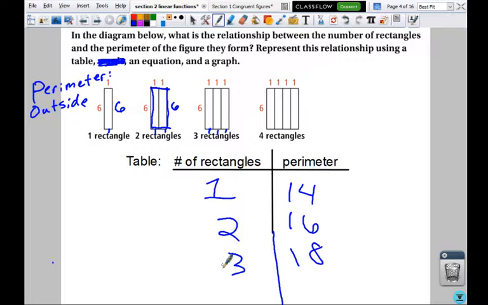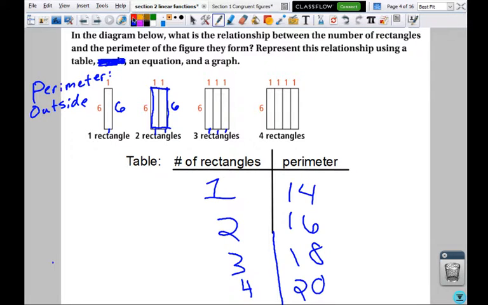And then my last one, when I have 4 rectangles, squeeze it in right here, I'm going to do my perimeter: 6, 12, 13, 14, 15, 16, 17, 18, 19, 20. Oh yeah. Pretty easy so far, I hope.